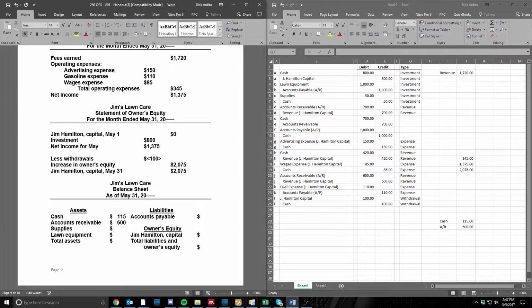We have just our $50 in supplies from here because it doesn't say we used them up. So we have $50 in supplies. Then lawn equipment. Well, we purchased $1,000 worth here, right? Anything else? I don't believe so. So we have $1,000 in lawn equipment.